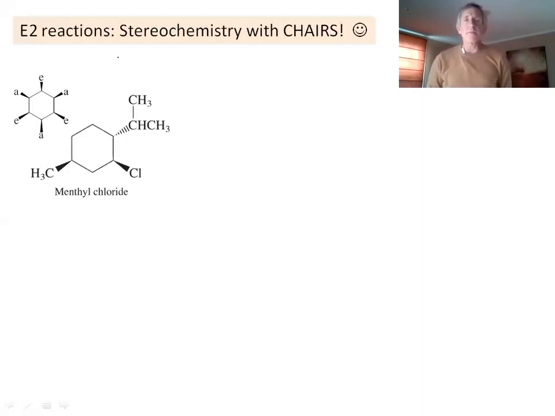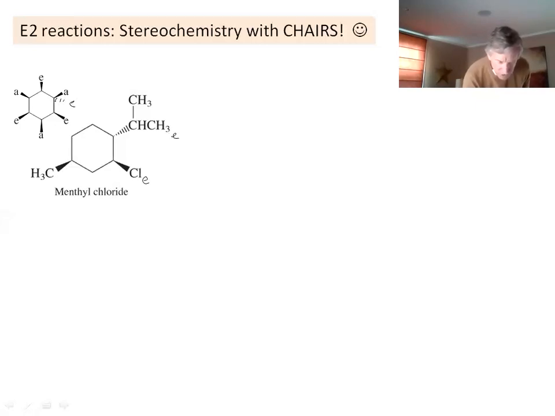So I'm going to bring up this mnemonic that we used to use to help us label these positions as axials or equatorials. And so notice, if I put this chloride equatorial, then notice the CH3, this group up here, as a dotted line, it would also be equatorial.